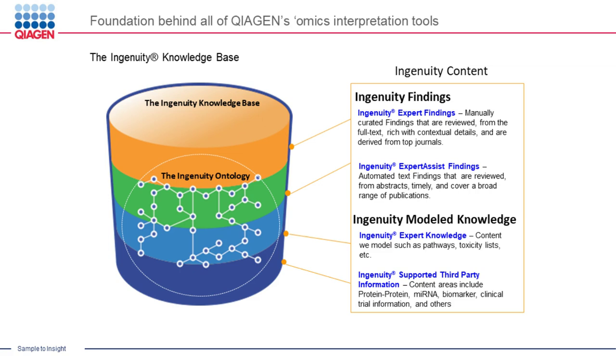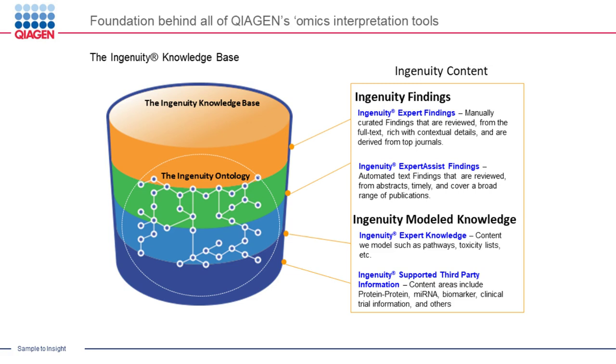So as I said, we put all this information and aggregated it into what's known as the Ingenuity, or really Qiagen knowledge base. For the past 20 or so years, we've had MD and PhD level scientists manually curating the literature and inputting findings in a controlled and meticulous way.